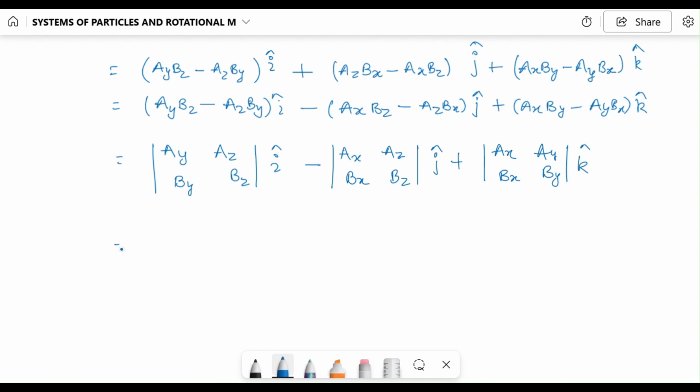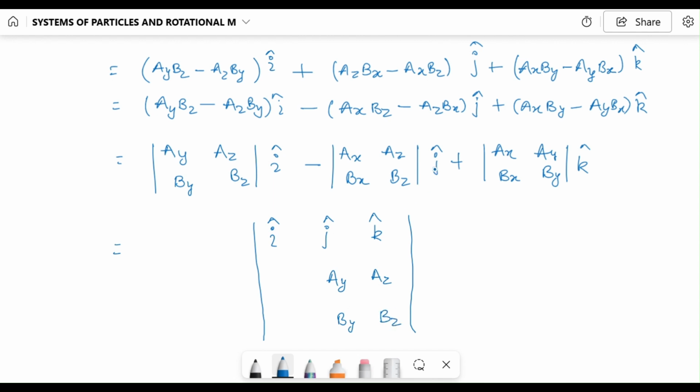And if we want to combine these three, you should not be worried about this thing, you can do it another way. I'm just explaining how you can do it. So look, this is i cap multiplied with this thing, so ay az by bz.